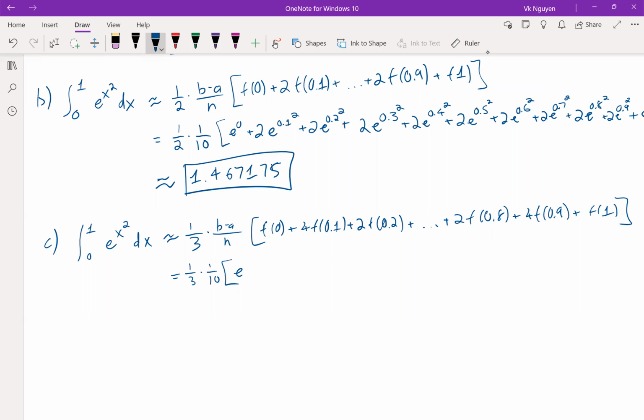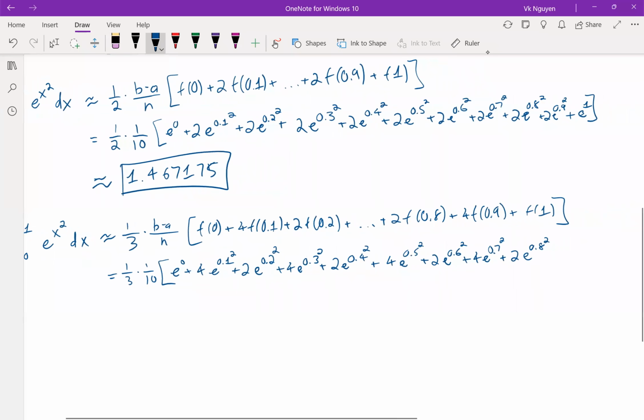And in here we have e to the power 0 plus 4e 0.1 square plus 2e 0.2 square plus 4e 0.3 square plus 2e 0.4 square plus 4e 0.5 square plus 2e 0.6 square plus 4e 0.7 square plus 2e 0.8 square plus 4e 0.9 square plus e to the power 1.